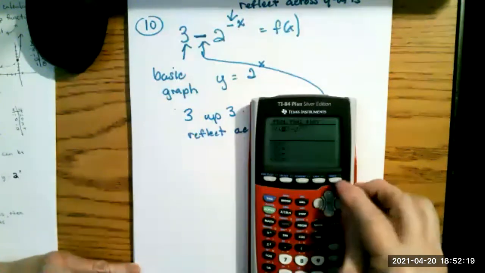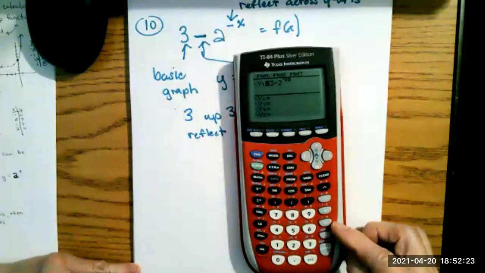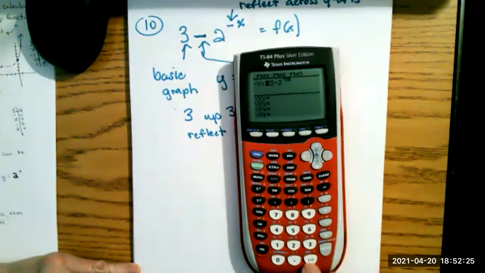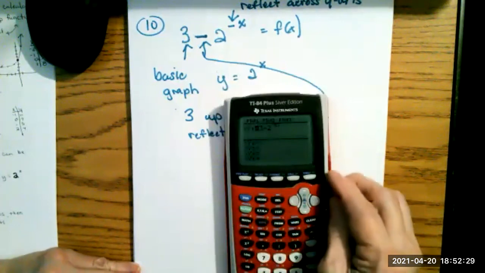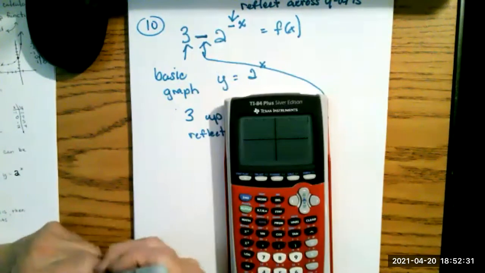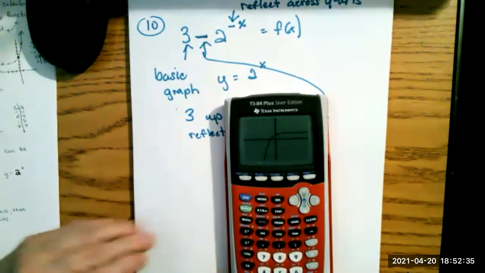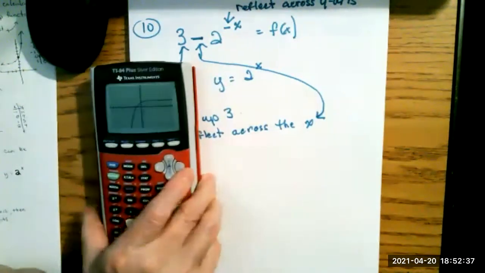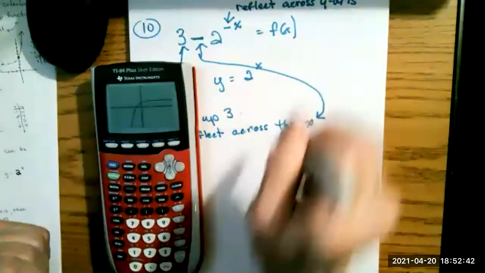If you use the minus 1, you'll get an error. So use this minus down here for the little negative in front of the x. When we graph it, that's interesting. It almost looks like a logarithmic one, and it's because it's reflected across the x-axis.